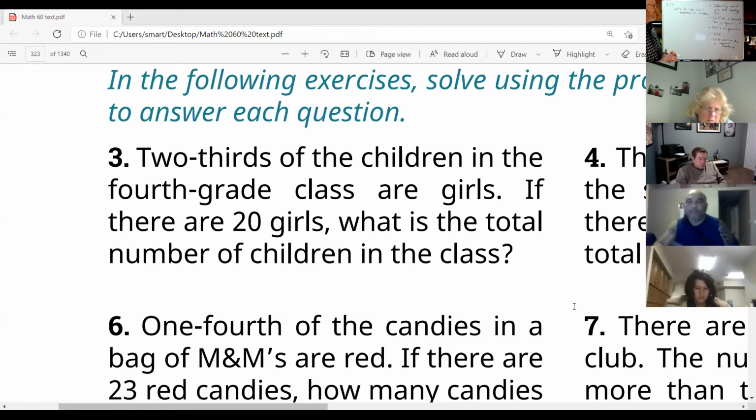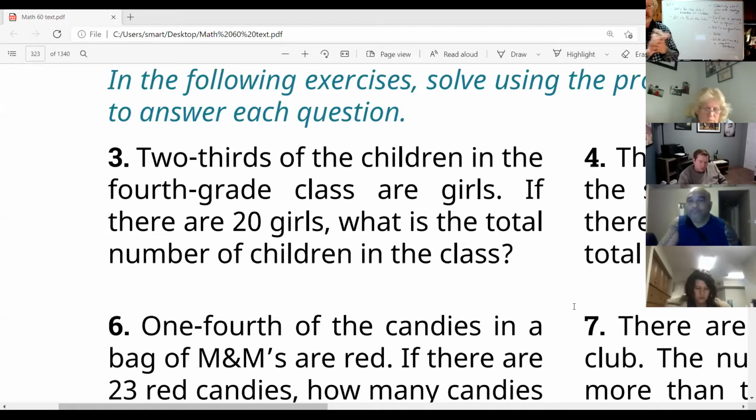All right, next step. Well, can I write an equation? Maybe I want to simplify this whole story to one sentence. I would say something like, well, I know 2/3 of the class are girls, right? So 20 is 2/3 of the total. Write that down. 20 is 2/3 of the total.